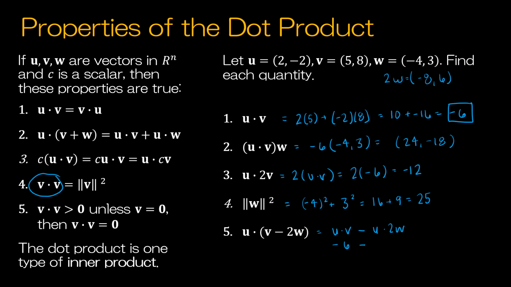So 2 times negative 8 is negative 16. And negative 2 times 6 is negative 12. So that's negative 6 minus this together is negative 28, so this is plus 28. So my final solution is positive 22.